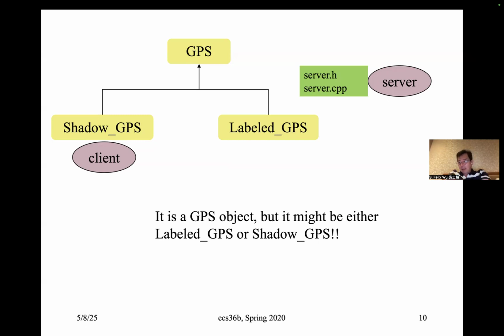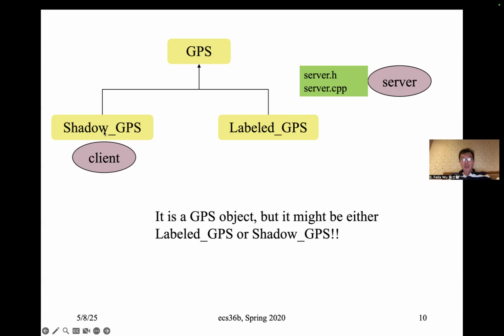That's what we already know. Now we are going to introduce a new class called shadow GPS. It's also a derived class from the base class GPS. This is going to be a very interesting design.